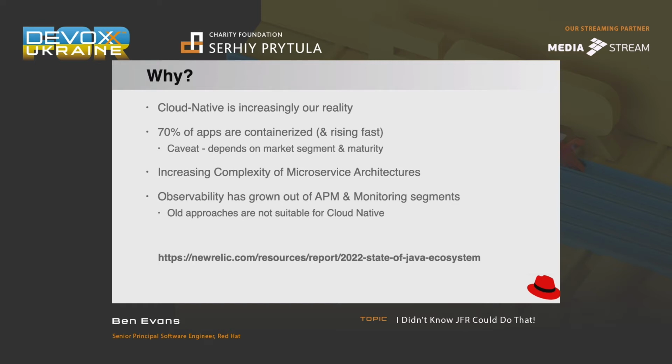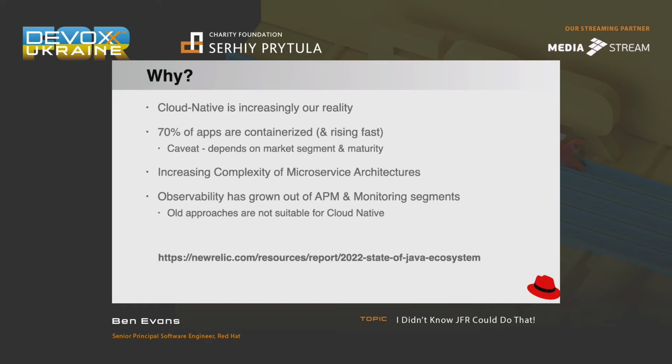Now, there's a caveat here, because it does depend upon the individual segment of the market and the maturity, but it is very much the case that we are seeing more and more apps become containerized and move to the cloud. We also have increasing usage of microservice architectures, and they tend to be more complex. So we need some tools that are going to help us make sense of this.